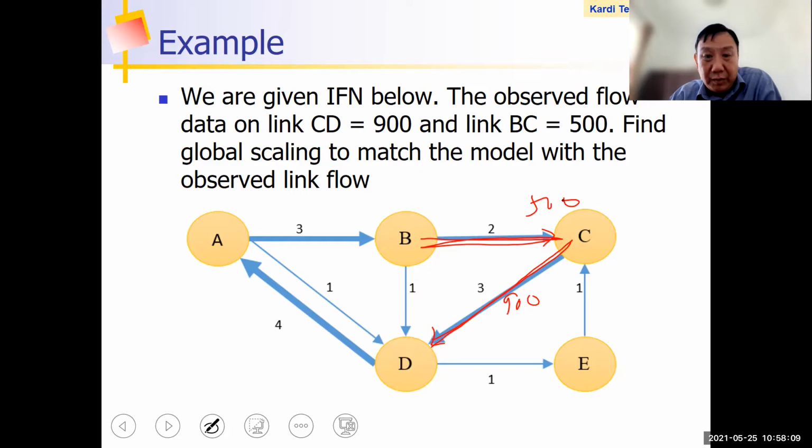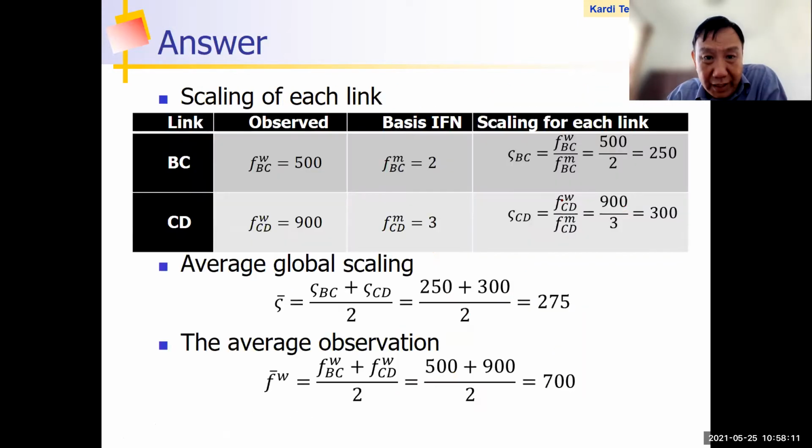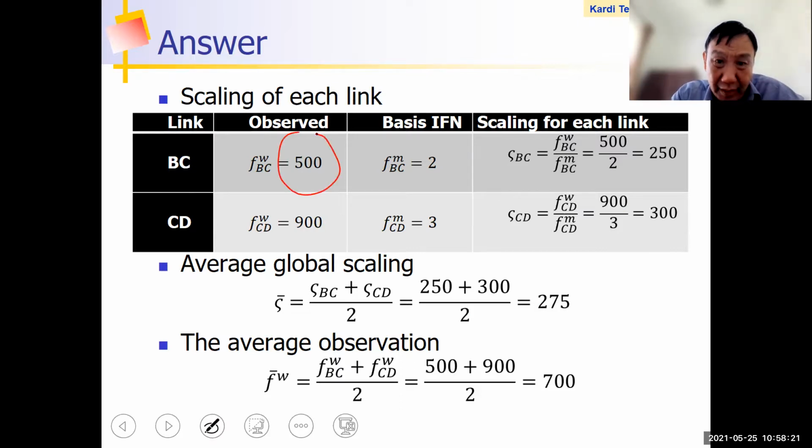Okay, so to get the global scaling, we get for each of them. So BC supposed to be 500. The basis IFN is 2. CD supposed to be 900. The basis IFN is 3.